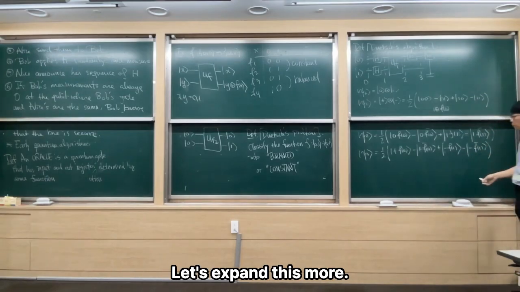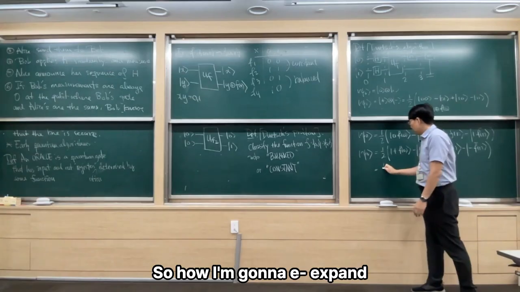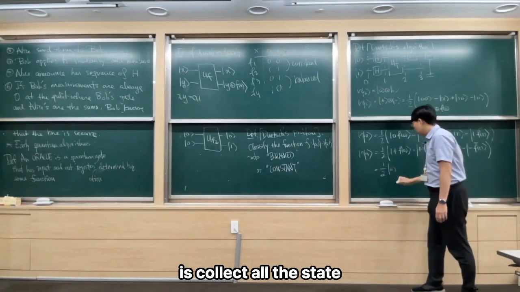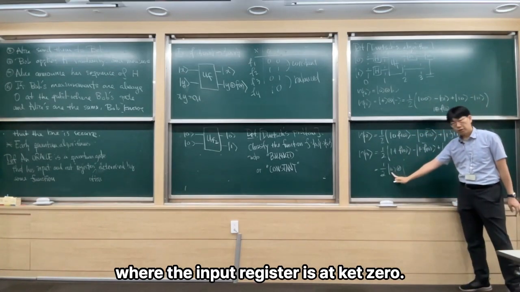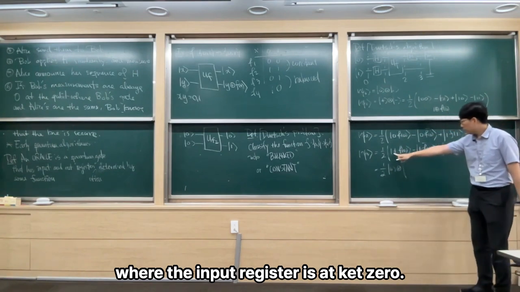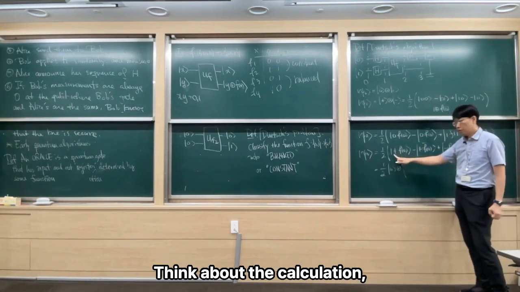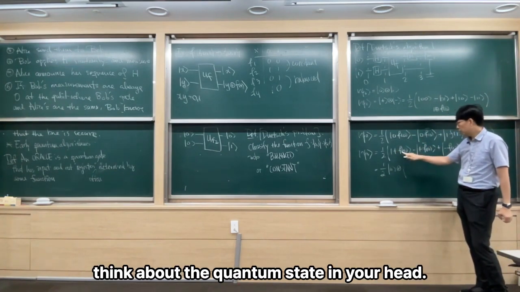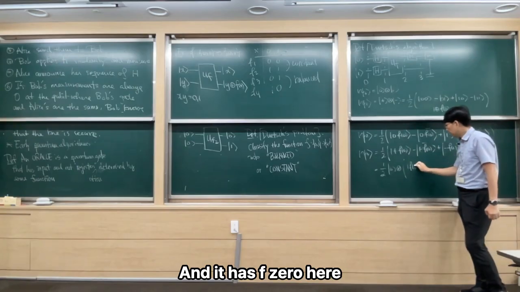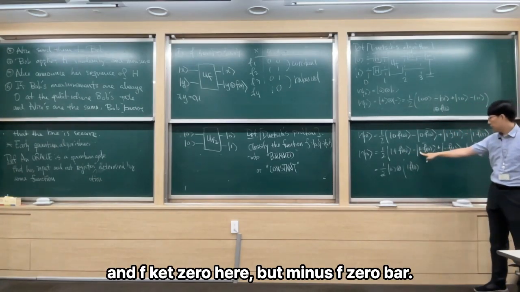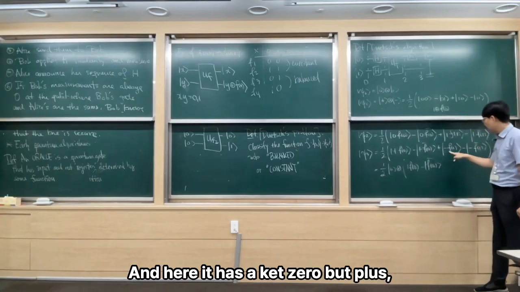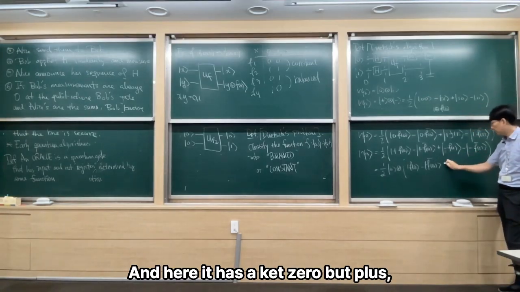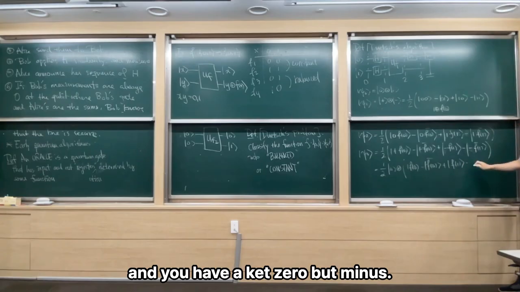Let's expand this more. How I'm going to expand is to collect all the states where the input register is at |0>. Think about the quantum state in your head: it has f0 here with |0>, but minus f0 bar, and here it has |0> but plus, and you have |0> but minus.